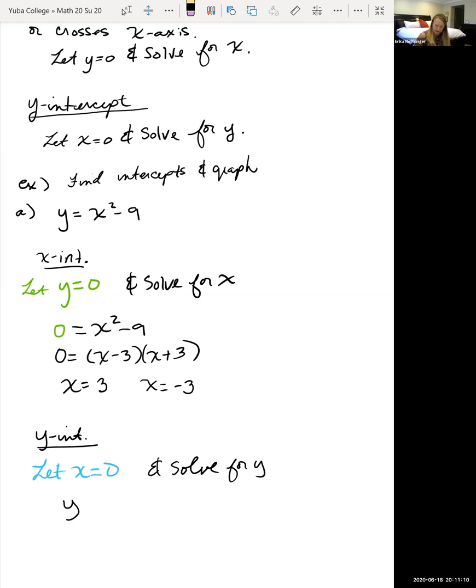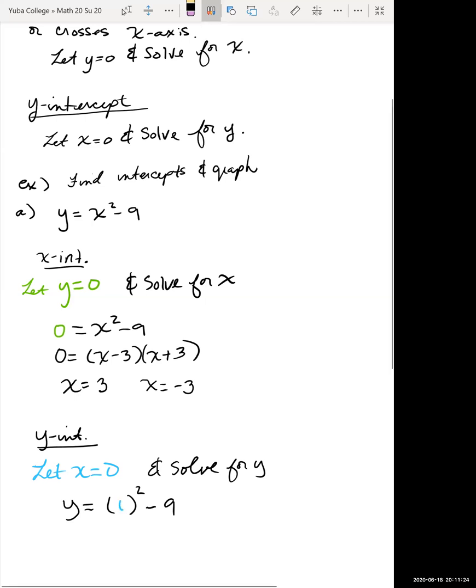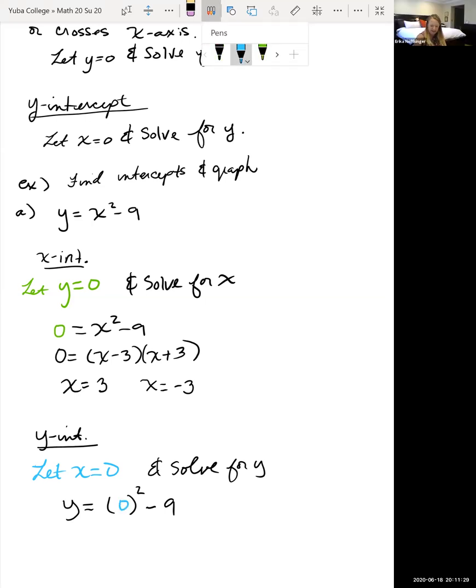So we have y is equal to, wherever you see an x, you put 0 in. So we have parentheses squared minus 9. If I square 0, I get 0, and 0 minus 9 is negative 9. So y is negative 9.